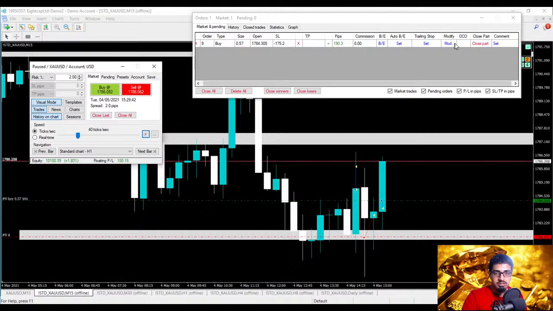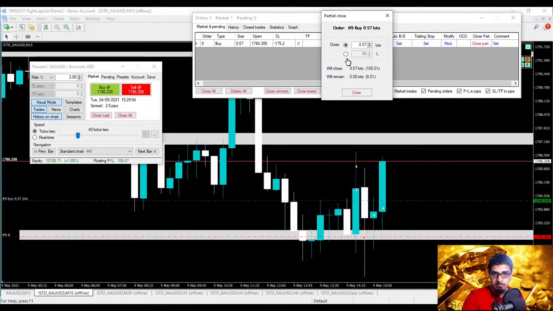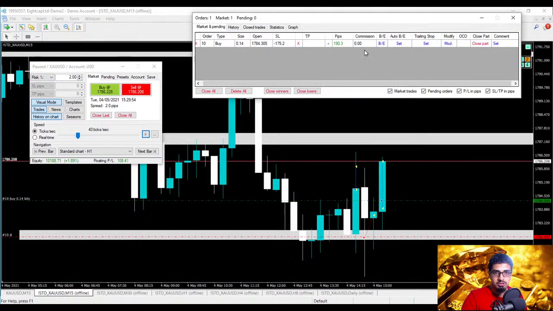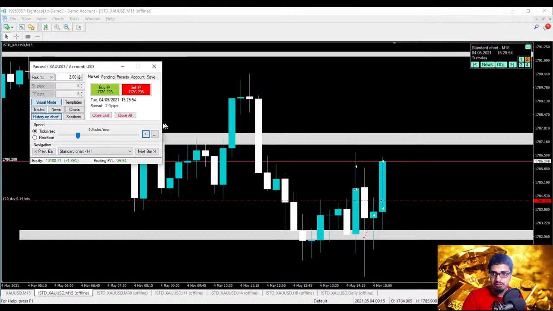So at 19 pips I am going to close partials here. We'll close 75%. I'm going to put stops at break even, and we're going to let this trade run now.